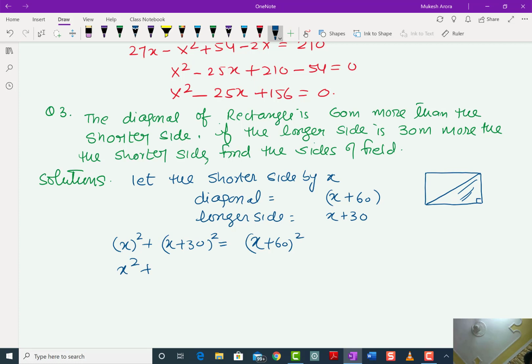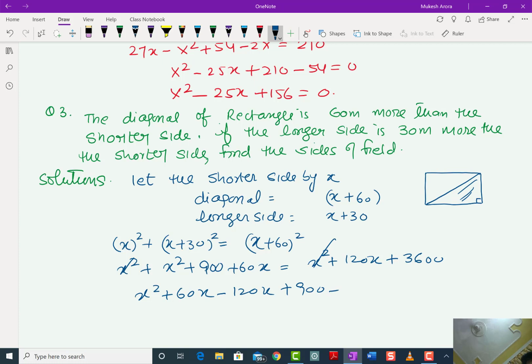So x square plus 900 plus 60x is equal to x square plus 120x plus 3600. This is cancelled. x square minus 60x minus 2700 is equal to 0. 90 and 30 are the factors.